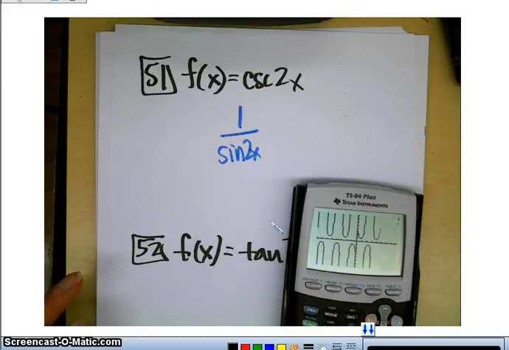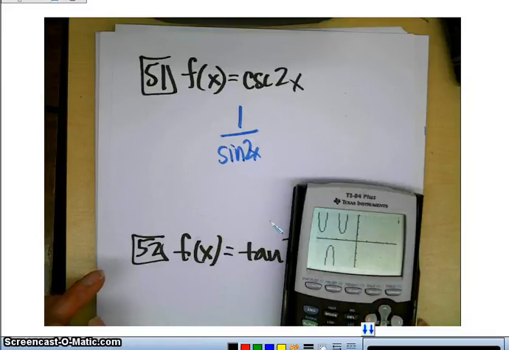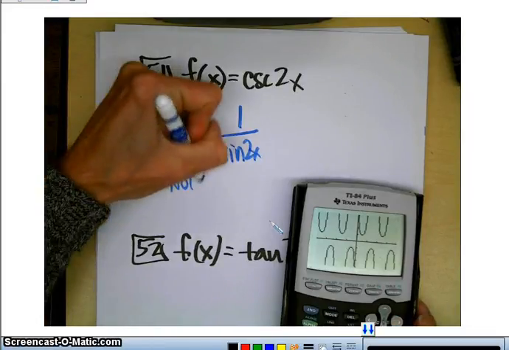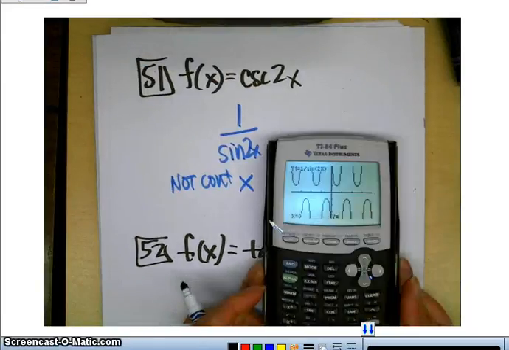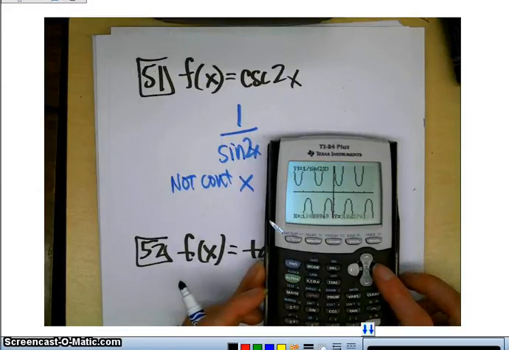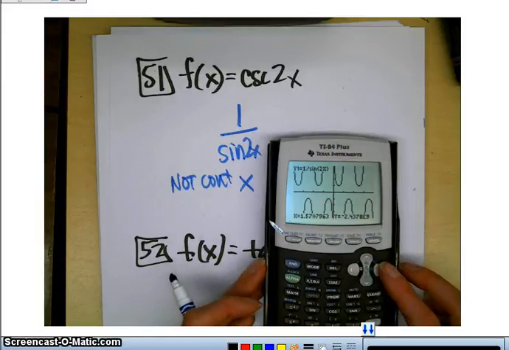Once it's graphed, I'm going to zoom trig this. Zoom and then 7 is trig. What it does is it makes all the marks into pi's and pi over 4s. So this is not continuous at x equals, I'm going to hit my trace button on here. It's going to hit these, and I'm thinking at pi over 2, around 1.57, that's about pi over 2.